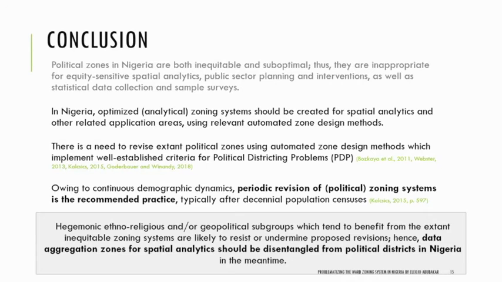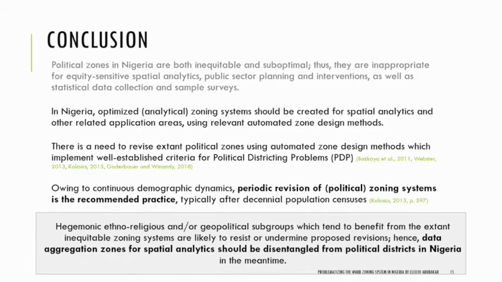Well, I have not really looked at what many other countries do, but I do know, for instance, like in the UK, you do have output areas, super output areas, middle output areas, low output areas, which, in my opinion, are not political zones, but statistical data collection and spatial analysis zones. You see what I mean?